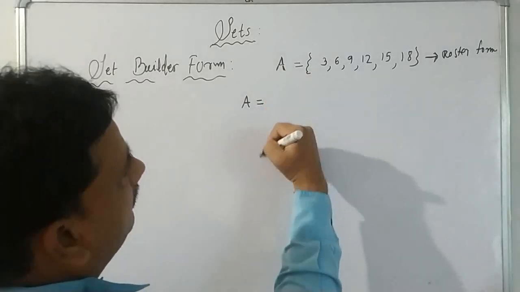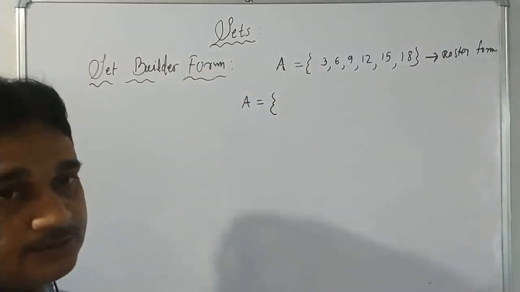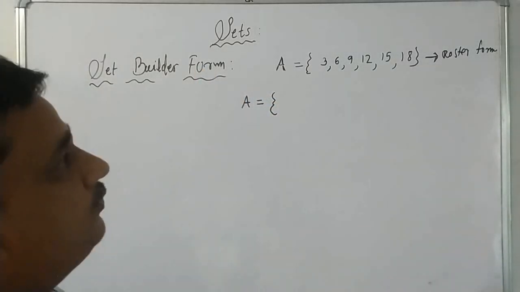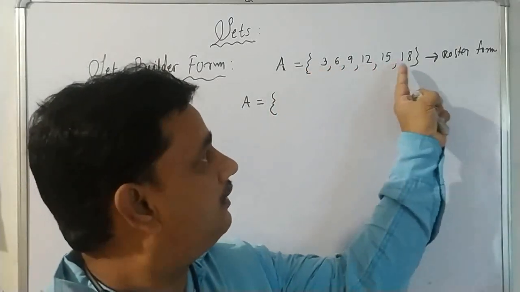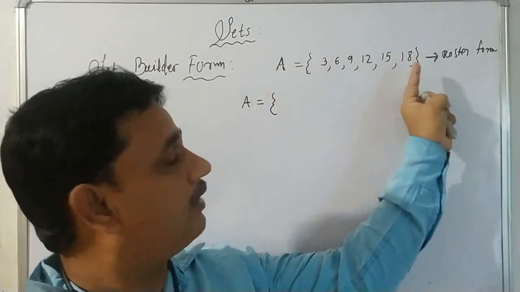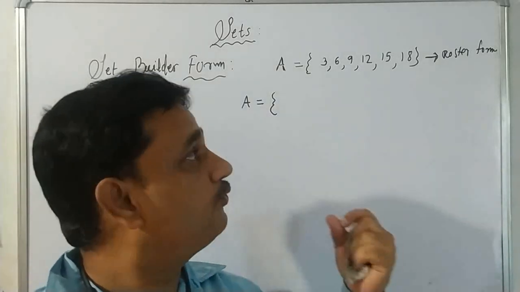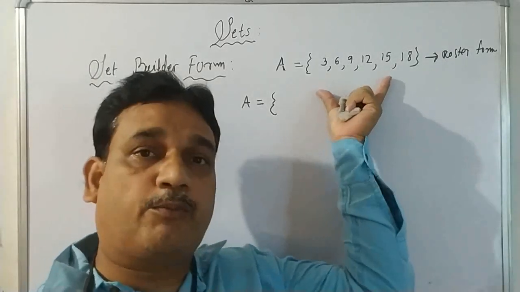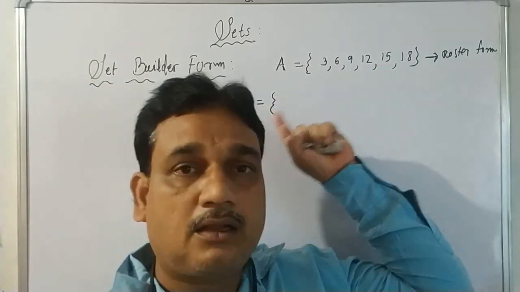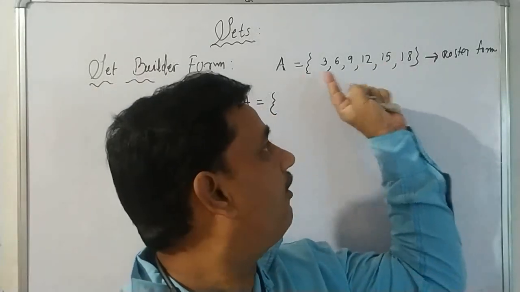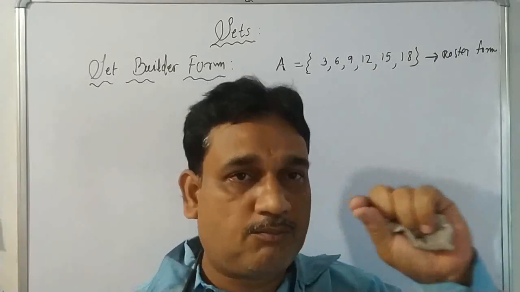For anything, you have to follow the same process. Now, what elements are there? Your task is to find the common property of all the elements. There must be some common property.